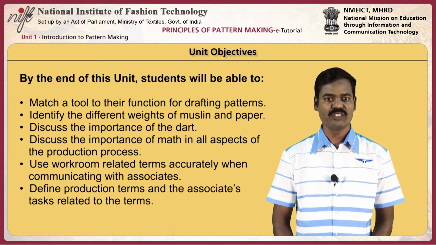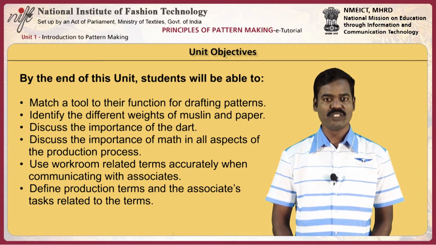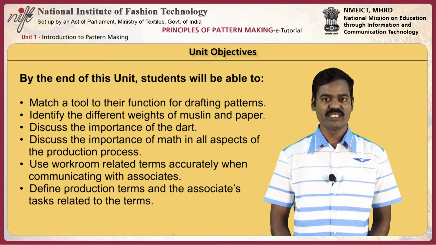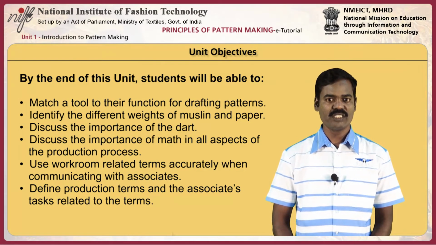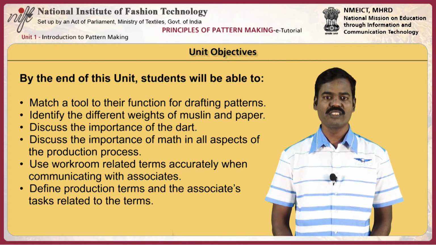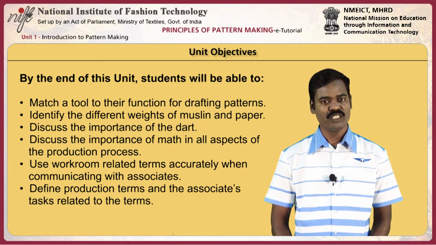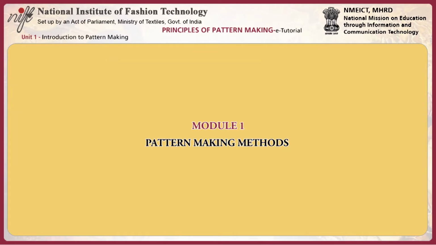By the end of this unit, students will be able to match a tool to its function for drafting patterns, identify the different weights of muslin and paper, discuss the importance of the dart, discuss the importance of the mat and all the aspects of the production process, use workroom related terms accurately when communicating with associates, and define production terms and the associate tasks related to the terms. Now, let us move on to review drafting, draping, knockoff and computer application in pattern making.